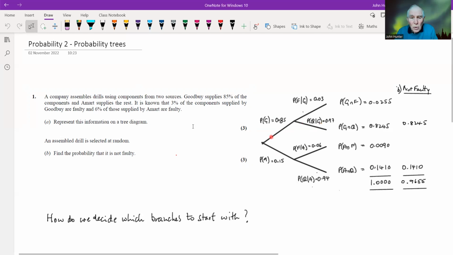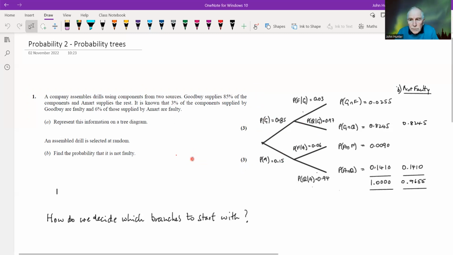Well, in theory, you could, but the data you're given, this 85 and 3%, really forces you into doing it this way around. And that's normally going to be the case, but we'll find later that sometimes it's useful to be able to construct the tree the other way around, because that gives you some other useful results, and we'll get to that. So this is all constructed with decimals.